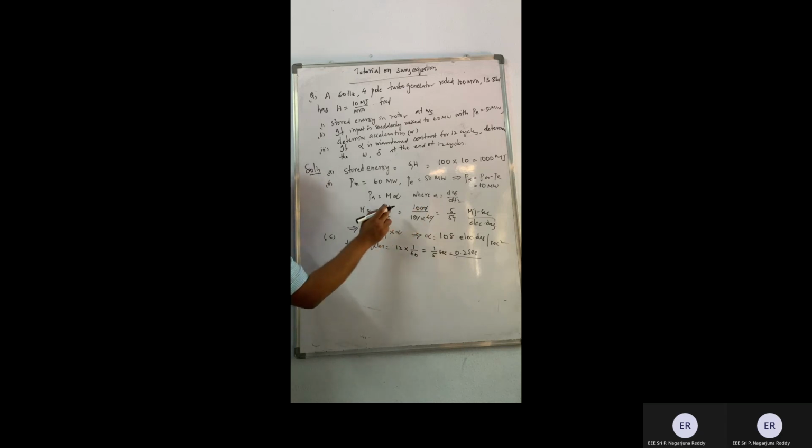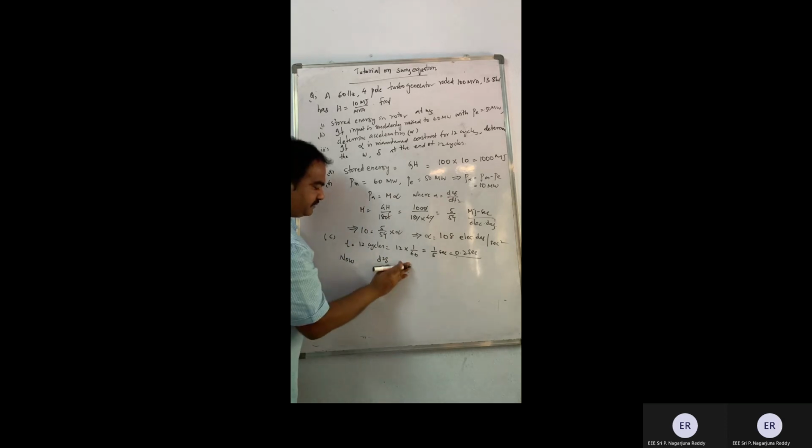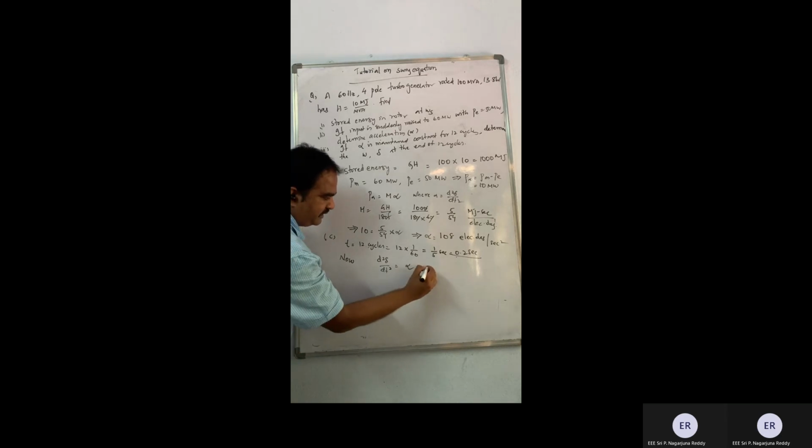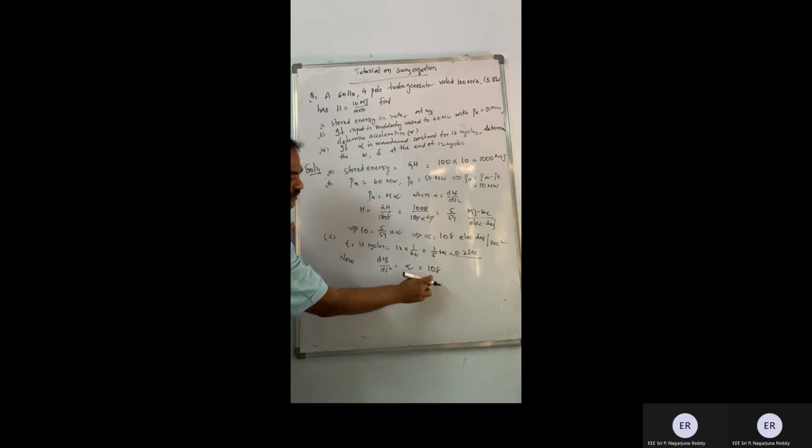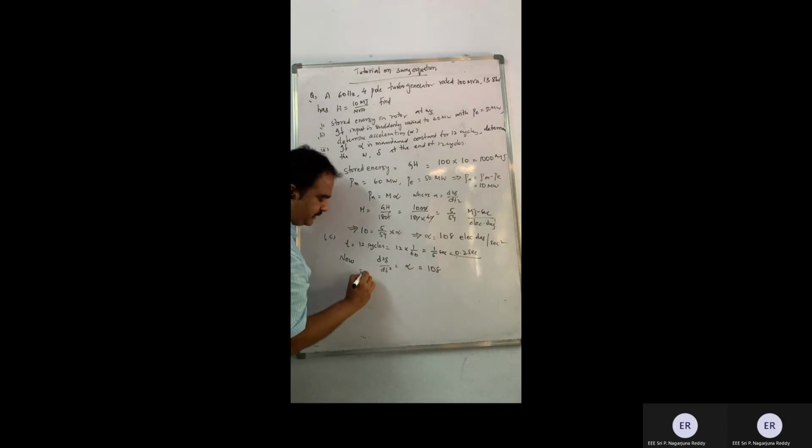Where is that accelerating part? Okay. Now, M into d square delta by dt square is equal to Pa, isn't it? Or I can go with d square delta by dt square, I do have this value of alpha, isn't it? I know this value, 108, isn't it?